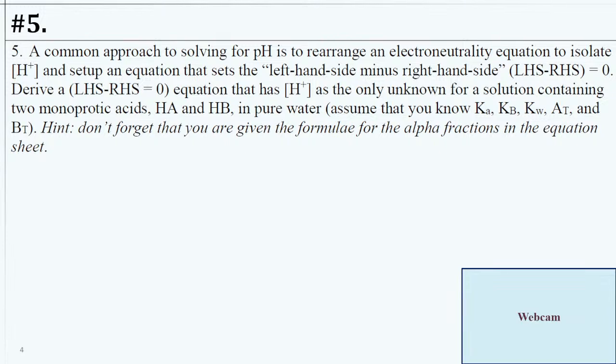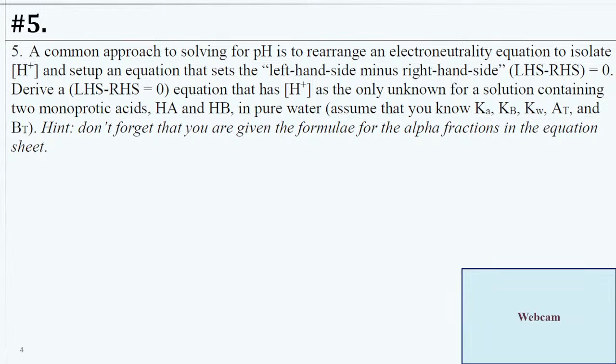And we had a system with 2 monoprotic acids, HA and HB, in pure water. And we also said that we know those dissociation constants, and we know Kw for water, and the total concentration of each acid. And I kind of reminded you we are given the formula for the alpha fractions in the back.